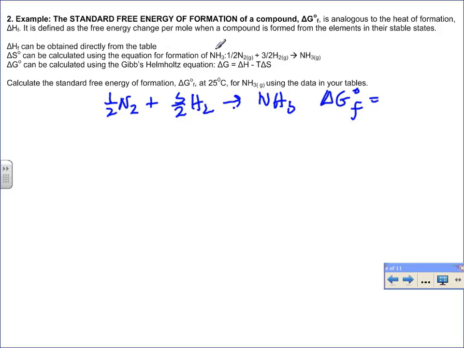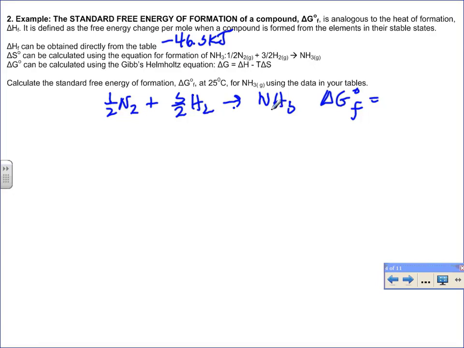So what we need to do is obtain the delta H naught F for ammonia, which we can get directly from the table. The value for that is negative 46.3 kilojoules. The delta S naught must be calculated because although the heat of formation is going to be 0, the change in entropy is not going to be 0 for this process.